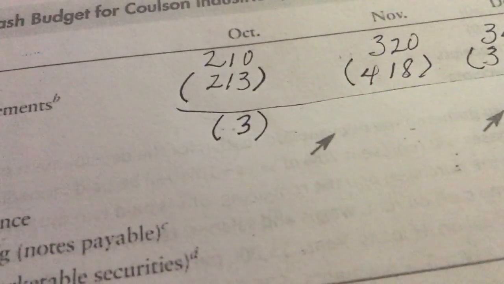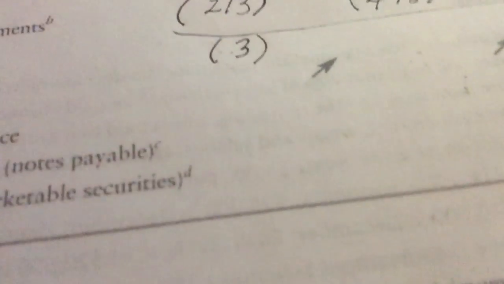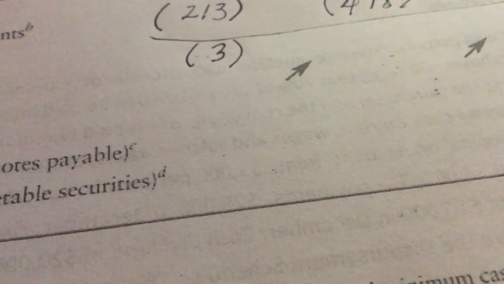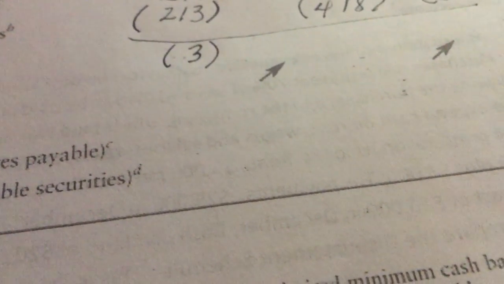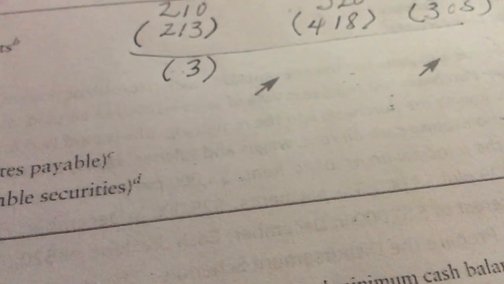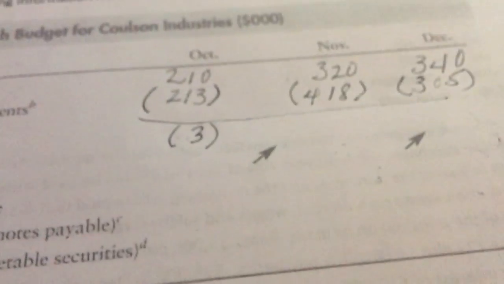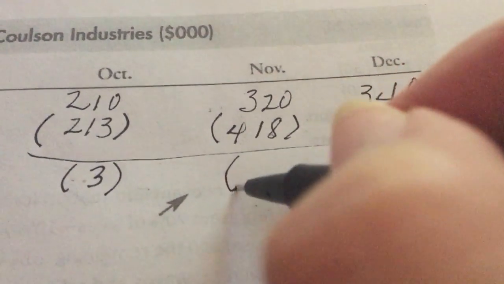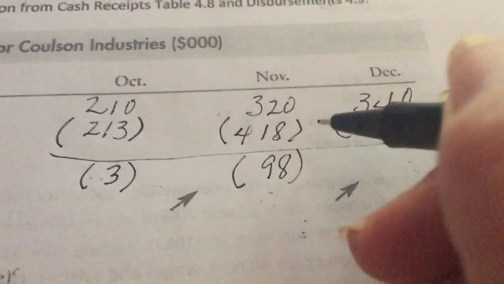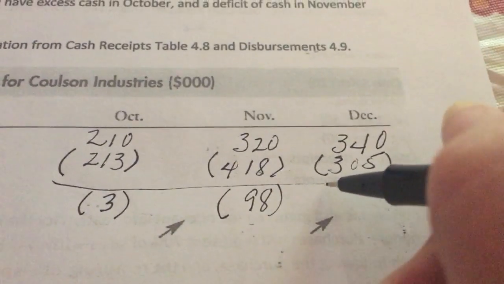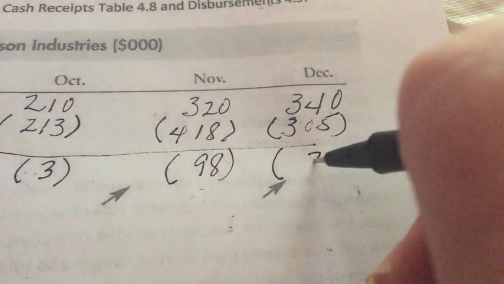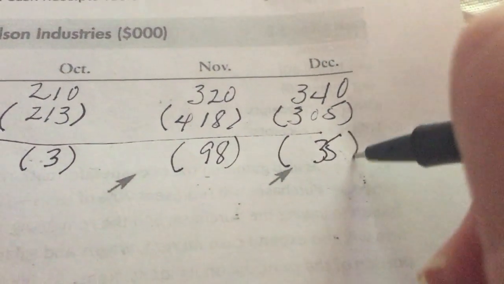On the second one, if you subtract, what you're going to end up having, there, I was looking for my class problem online. Hold on just a minute. What you're going to have here is a -98. You're planning to spend more than you actually have. And in December, you actually have a surplus of 35. Okay?